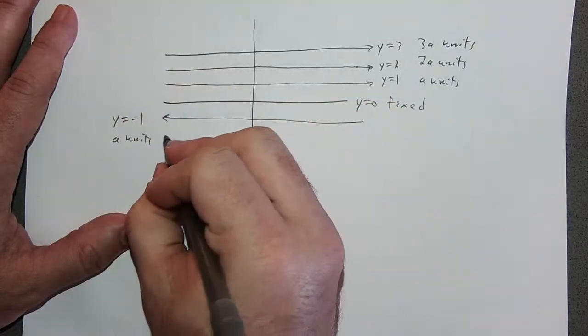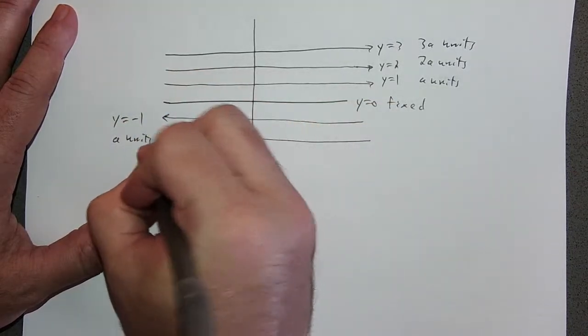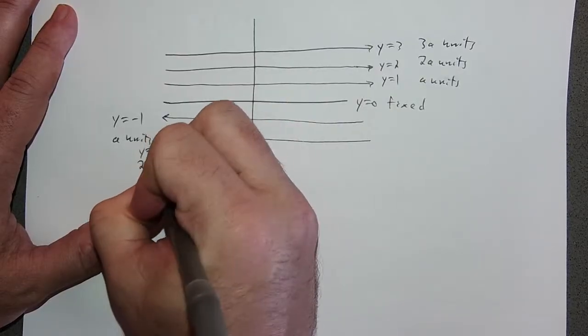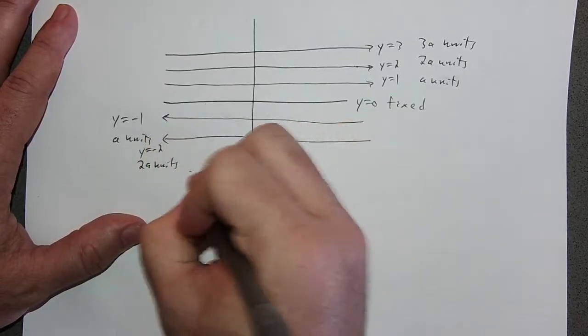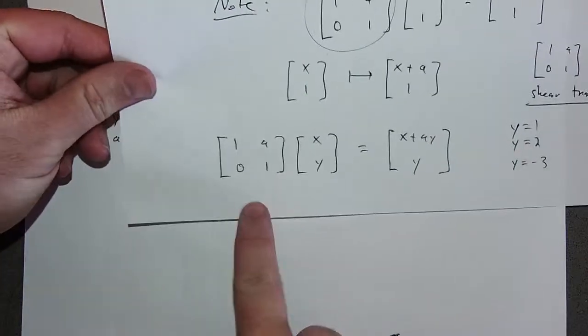Y equals minus 2 is moved to the left 2a units, and so on. Okay, that's how it goes. So that is what this matrix is doing as a transformation.